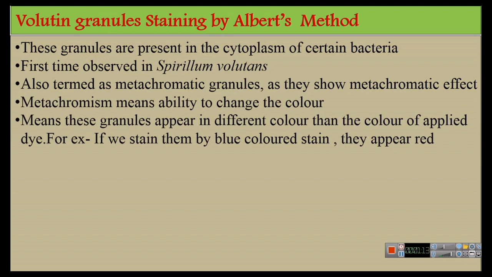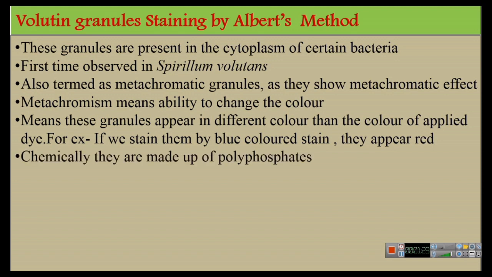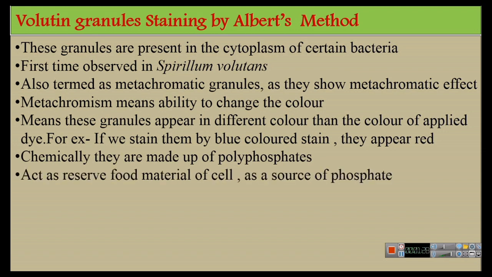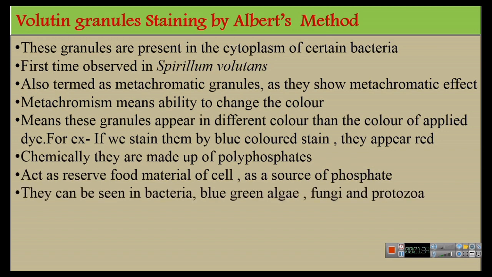For example, if we apply the blue colored stain, then they do not appear blue in color, but instead they appear red in color. Chemically, these granules are made up of polyphosphates and they act as a source of reserve food material of a cell. Specifically, they act as a source of phosphate.